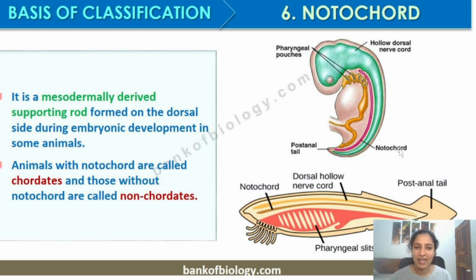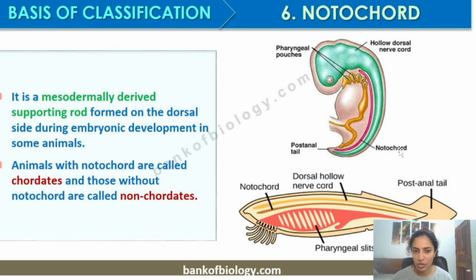And the last basis of classification is the notochord. The notochord is a mesodermally derived supporting rod, which I mentioned earlier. The internal organs of your body are derived from the mesoderm present from your embryonic stage onwards. So the fate of the mesoderm of a fetus will be the internal organs.